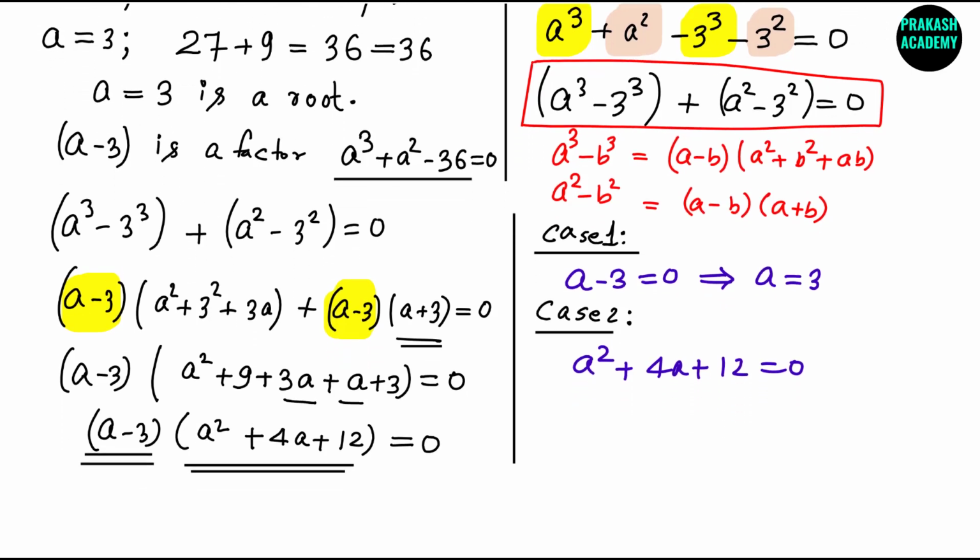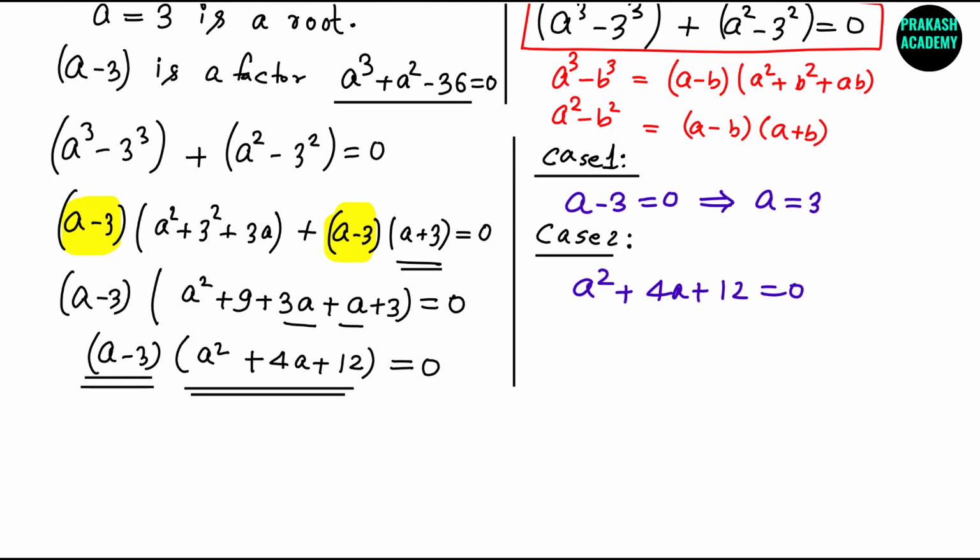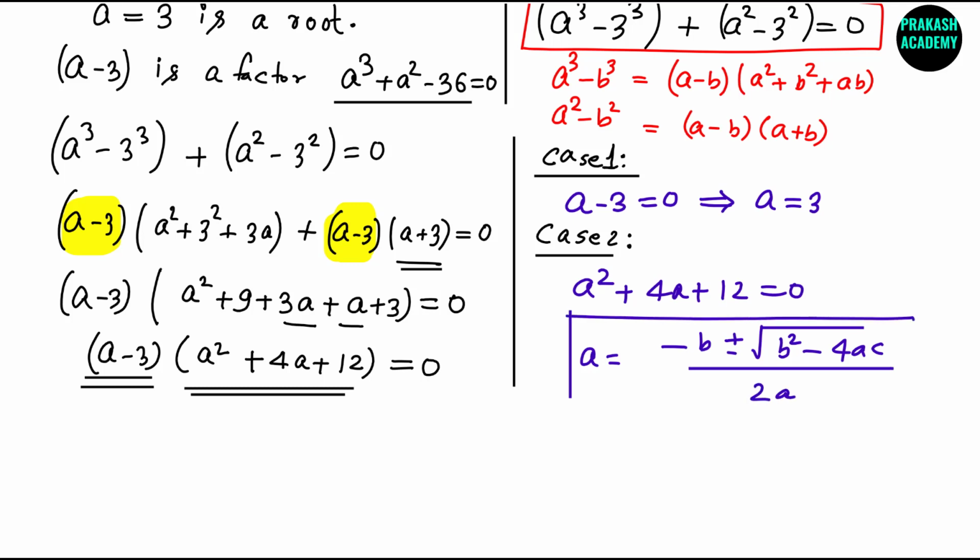Now this is a quadratic equation. We can clearly say that roots are minus b plus minus square root of b square minus 4ac, divided by 2a. So this is the formula generally we use in case of a quadratic equation to find the roots. So in this case, what will be the root? a is equals to minus b, and in this case b is equals to 4, minus b plus minus square root of b square minus 4ac.